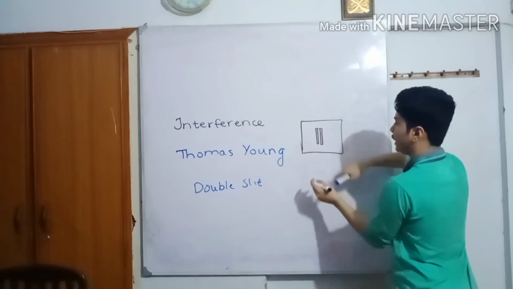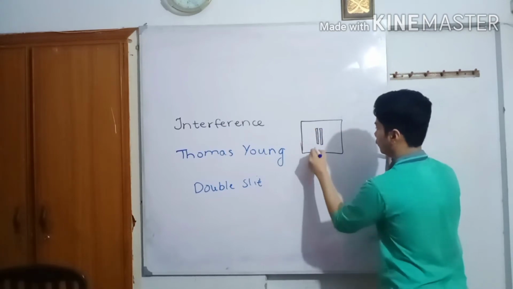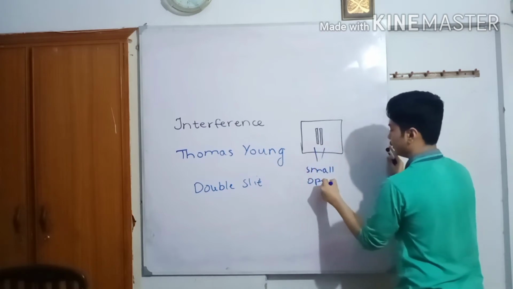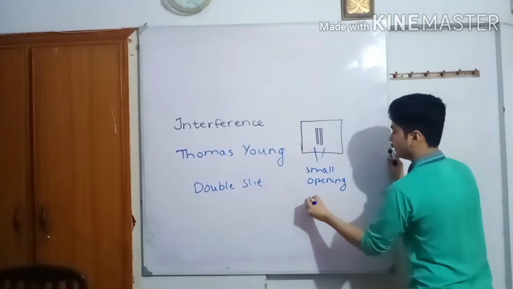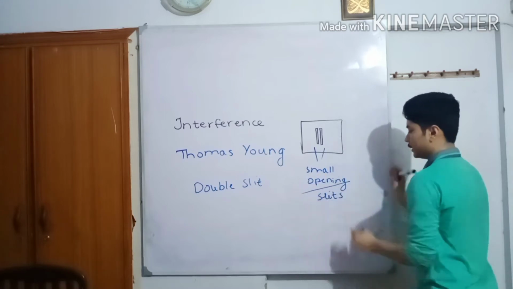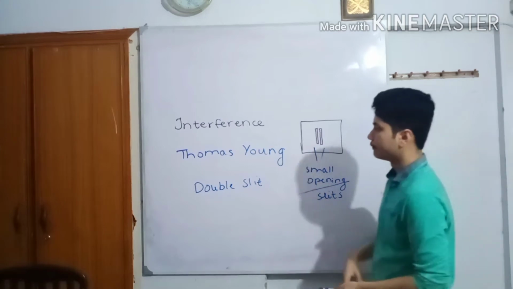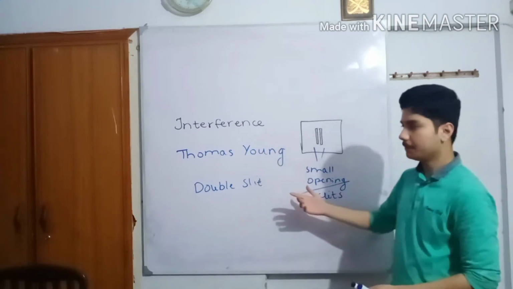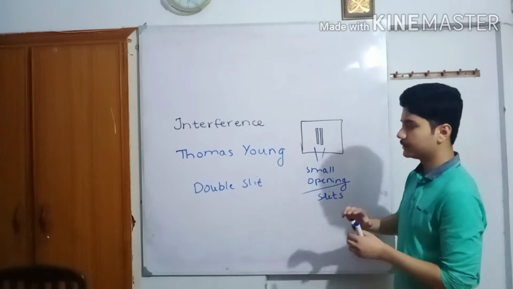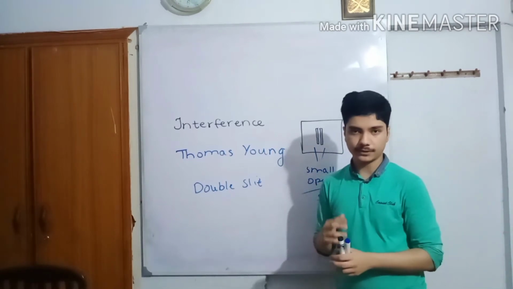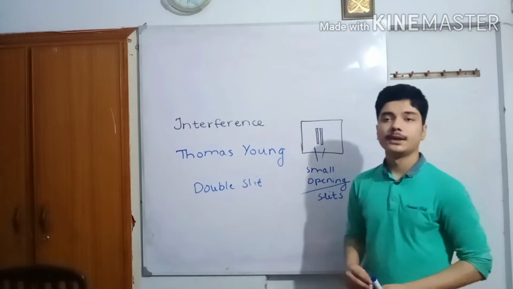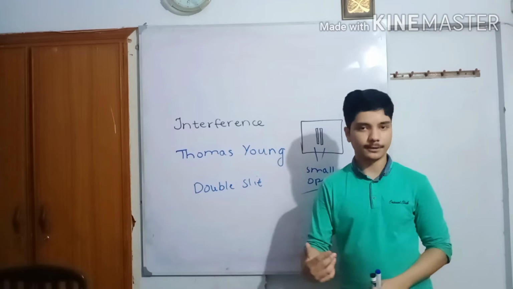Now these two are called small openings, and these two are basically known as slits. You can call them small openings, but we're going to call them slits. So Thomas Young performed an experiment using a double slit and monochromatic light, and using it he developed interference of light. He performed the experiment of interference of light and observed bright and dark fringes.